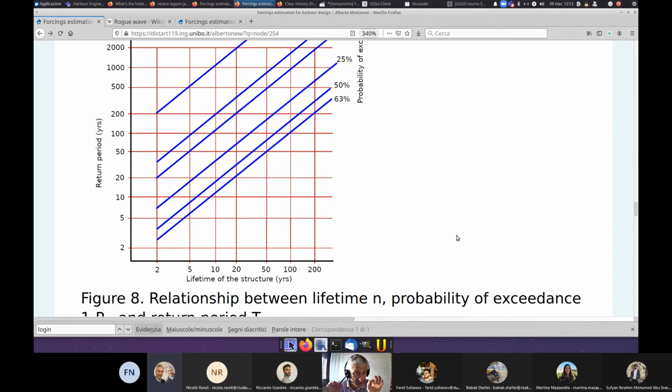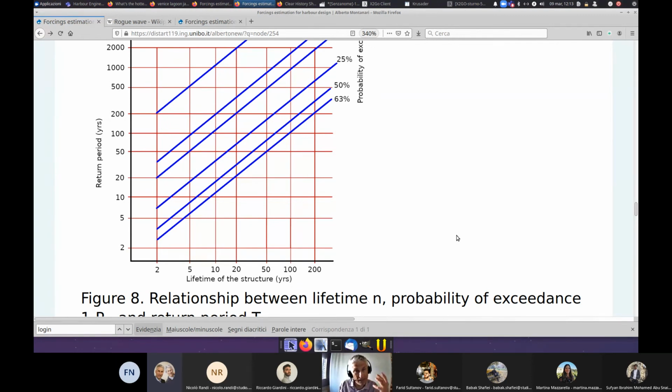It's an extremely relevant reasoning to make sure that if you take a return period that is the same as the lifetime, you are not mathematically safe, because if you take a return period that is equivalent to the lifetime of the structure, you have a 63% probability during the lifetime to get that event, which is a considerable probability.